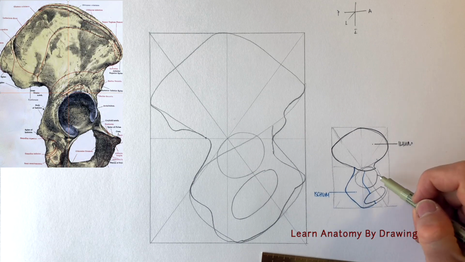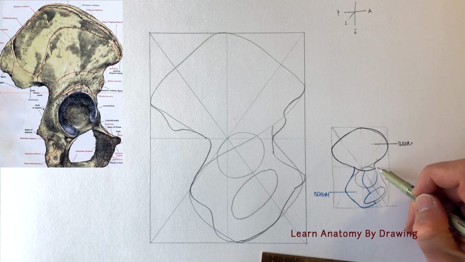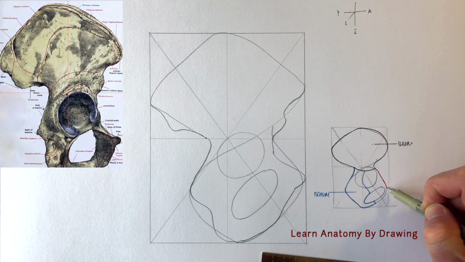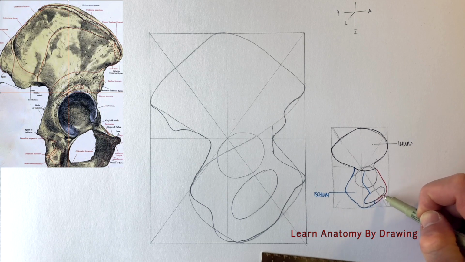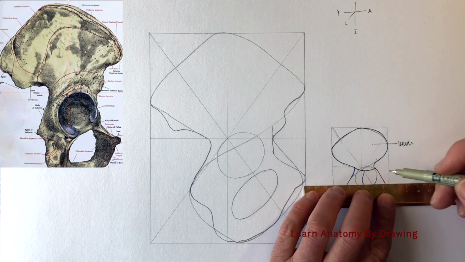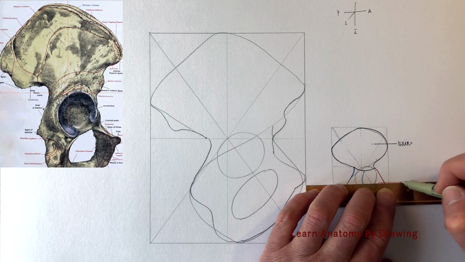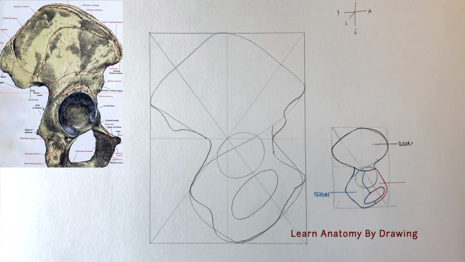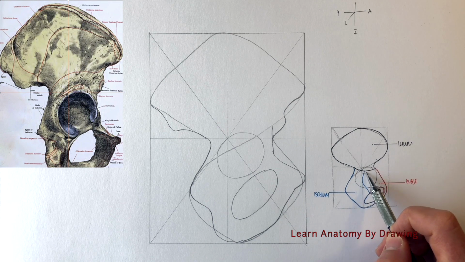And lastly, this part here, which is the pubis. So you may get that on your exam, but it shows you that the fusion of the 3 bones occurs about there.